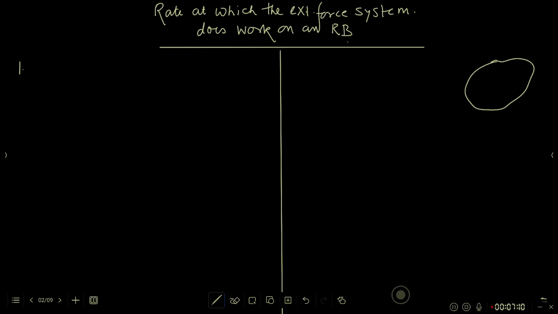So let's consider an RB which has its center of mass here, and there are n external forces acting on it. There is a reference frame F.